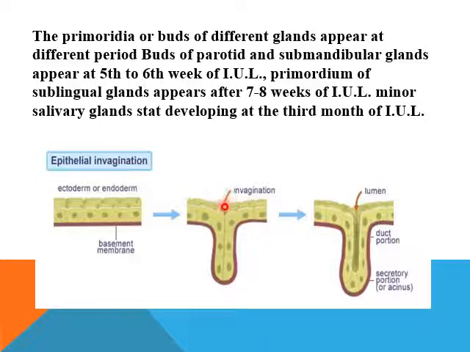And this is the invagination. This forms the lumen, and at the end of this invagination we have the secretory portion or secretory acini. This forms the duct, and in this lumen the collection of saliva occurs and is discharged into the oral cavity.